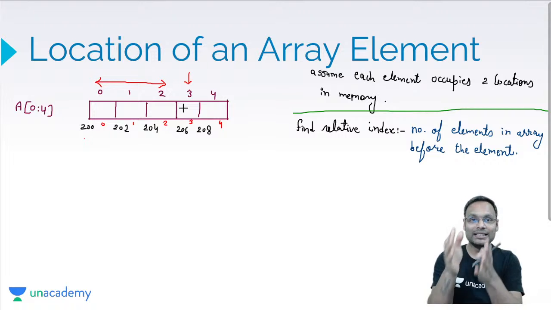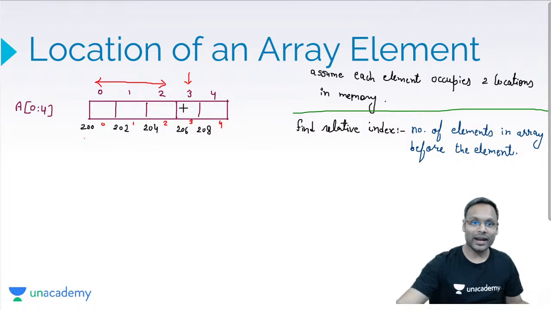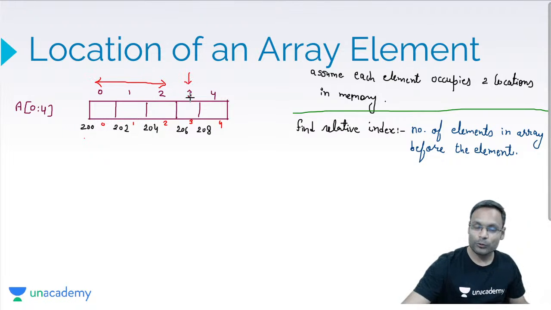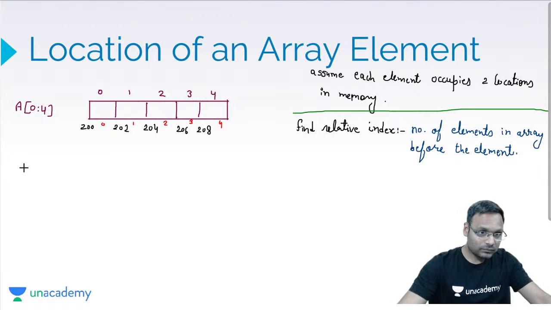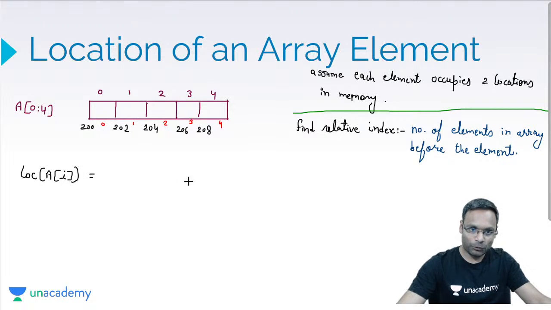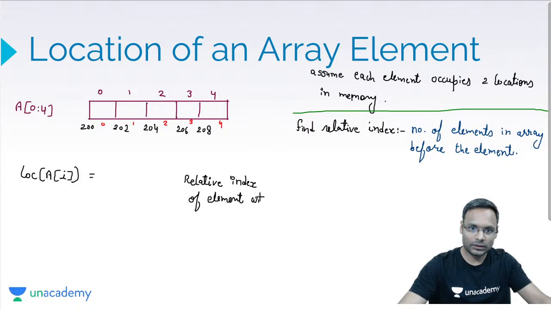By understanding how much total space is required by the 3 elements stored before this one. So I will write the formula this way: the location of A[I], index I, is equal to the relative index of the element with index I, into W, plus the starting base.